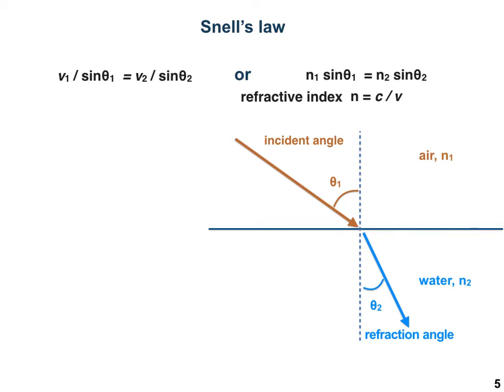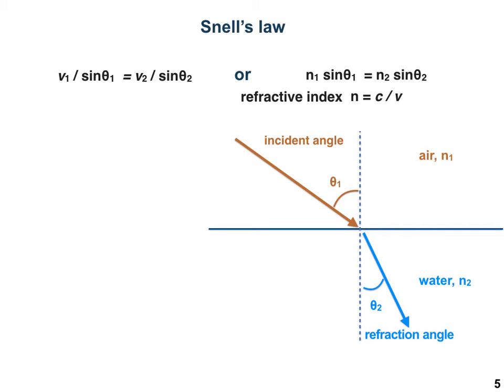And the incidence angle and the refraction angle, also the speed of light in different media, follow a certain law, which is called Snell's law. It was discovered by a scientist called Snell. He was a Dutch person.